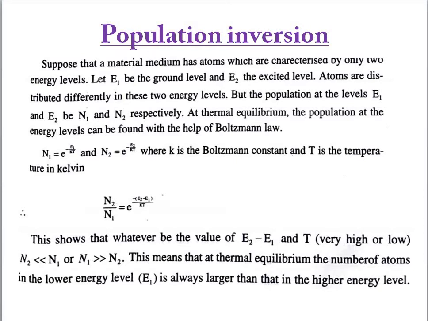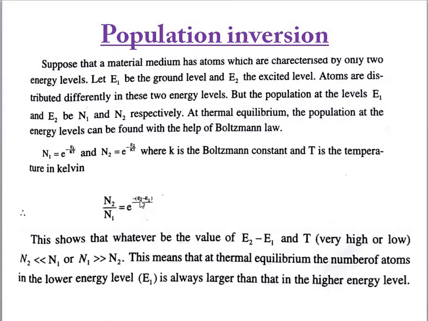Normally, the electrons will occupy the ground state rather than the excited state. The normal tendency of electrons is to occupy the lower energy level. That can be proved from this Boltzmann's expression.